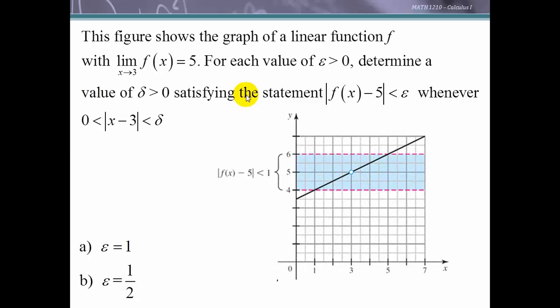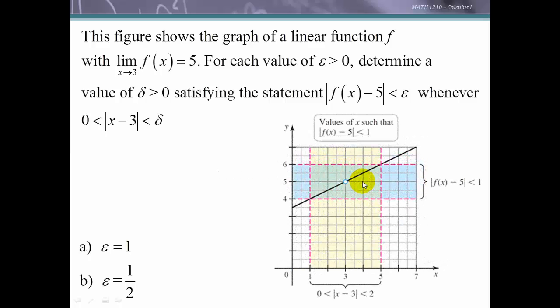So as we look here, if epsilon was 1, we can see that as long as we had anything between 1 and 5, our function value would be less than 1 away from L, which we said was 5. So our delta would need to be 2, so that the difference between the x value we choose and 3 is less than 2, but x can't be 3, so that's why it has to be greater than 0 here.